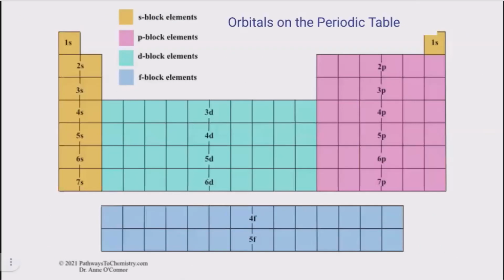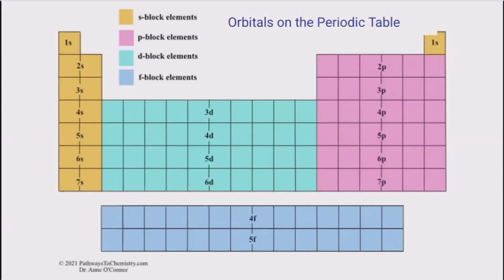So on the periodic table, it will actually give you this information. It'll tell you what orbitals each of these elements has. If you look at the top, you can see that s block elements are the ones that are orange in this one. P block are the ones that are pink. D block are the light blue color, and f block are the darker blue color.